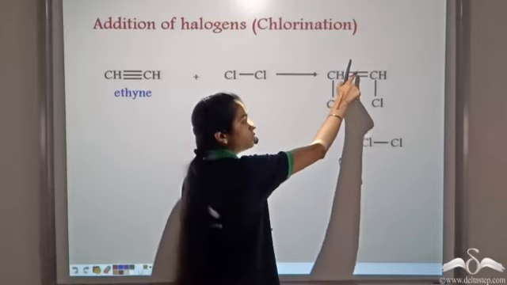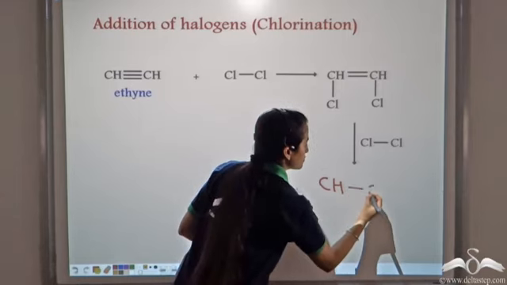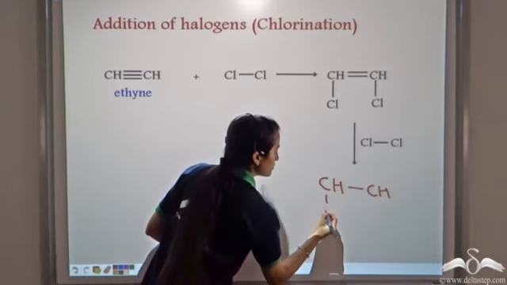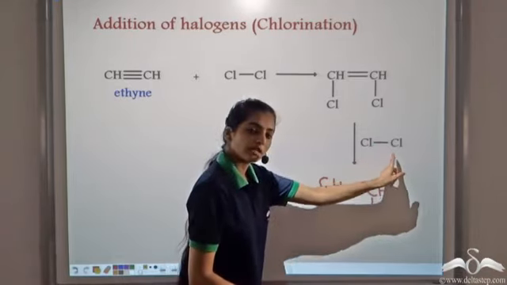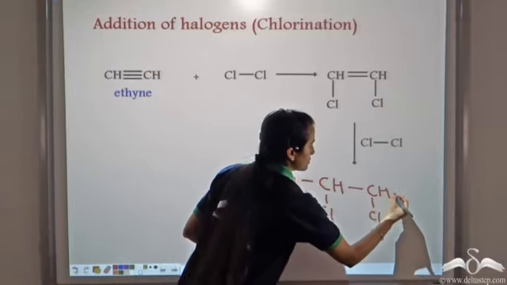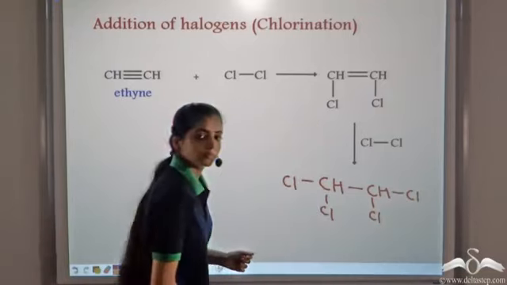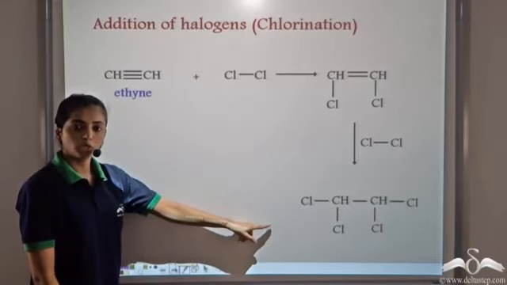So now the double bond breaks into a single bond. We already have these two chlorine atoms. Now these two chlorine atoms further attach themselves to each carbon atom. So now we get the addition product.